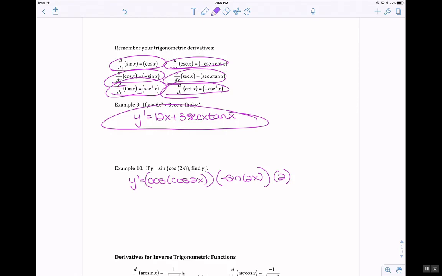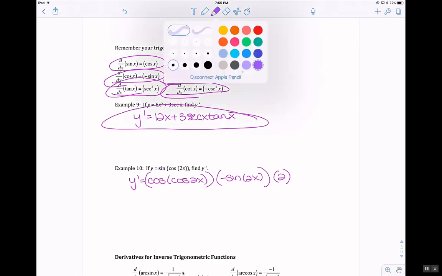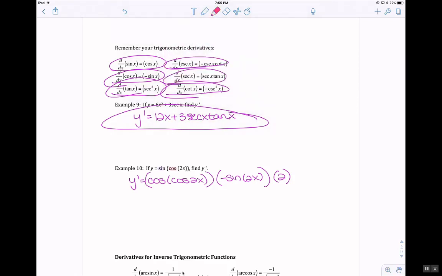So I actually had 2 little chains there. My outermost function is my sine, my next inside function is my cosine, and then finally my other inside function is 2x.